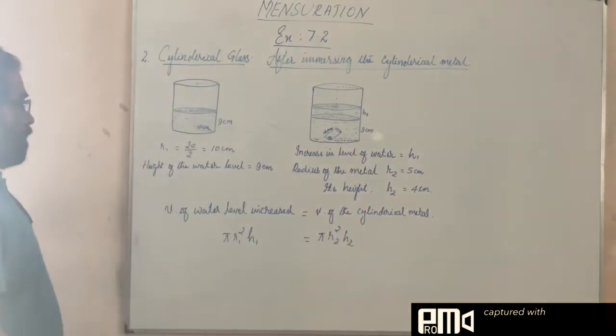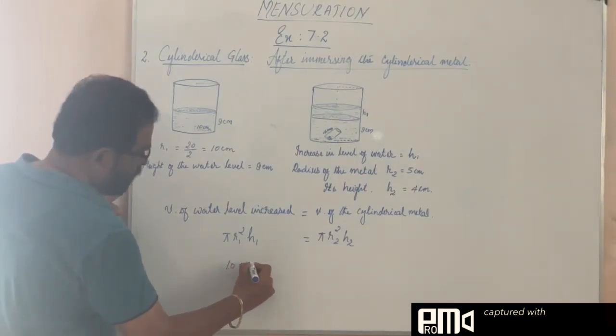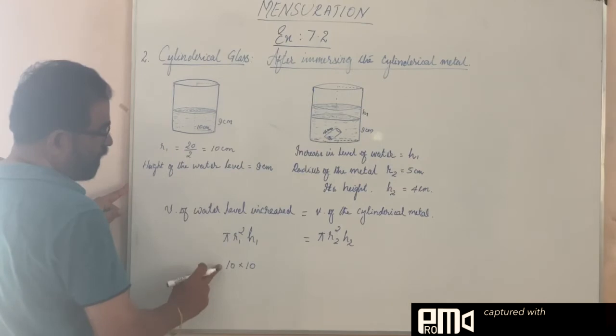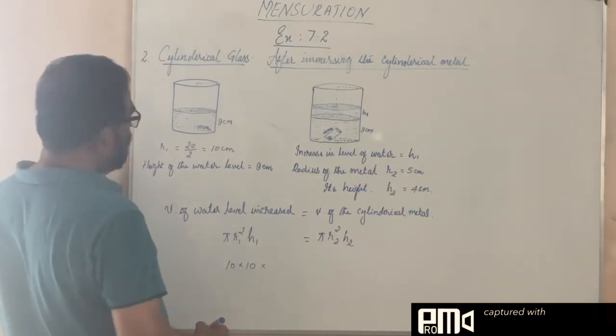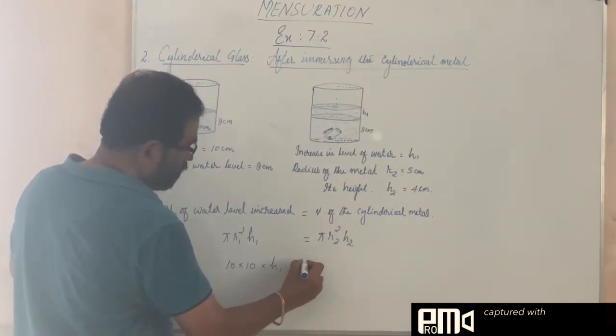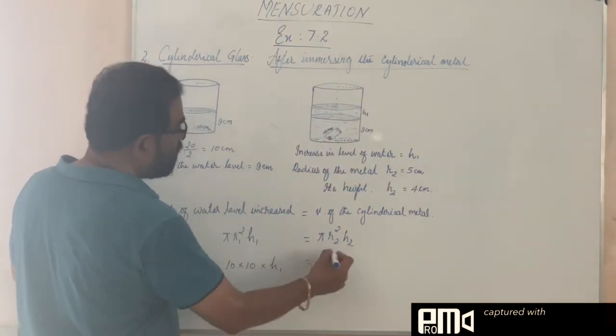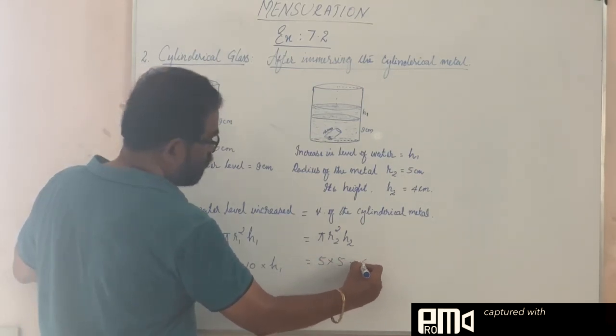Now we cancel this pi and pi on both sides. R1 square, R1 is 10, so here it is 10 into 10 into H1 is equal to, pi cancelled already, R2 square, so 5 into 5 into H2, it is 4.